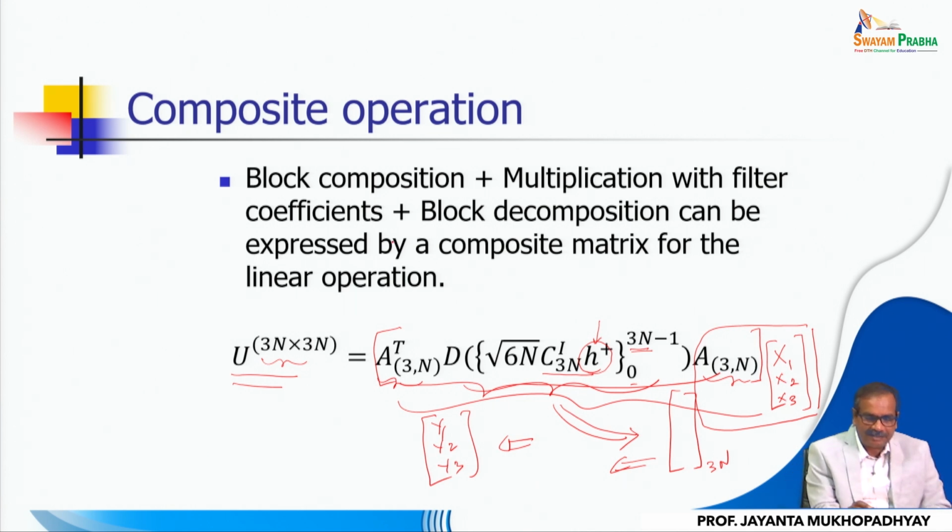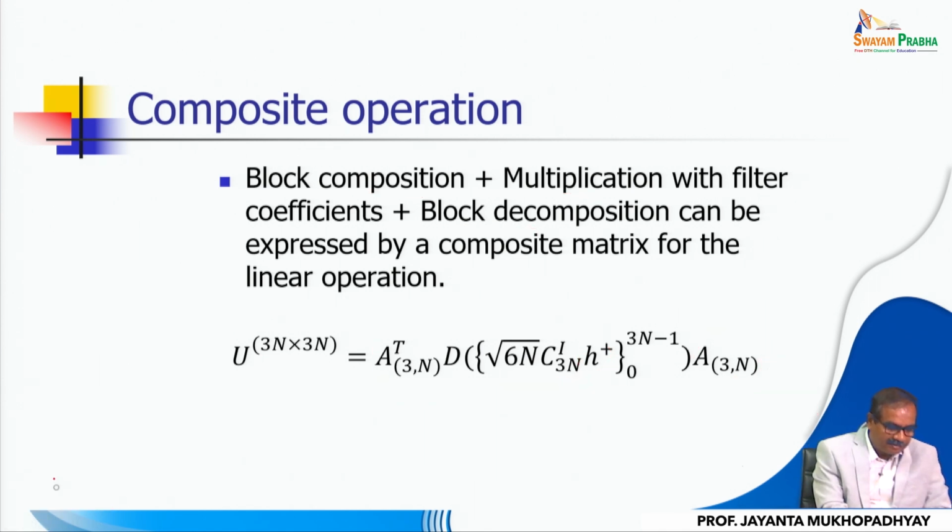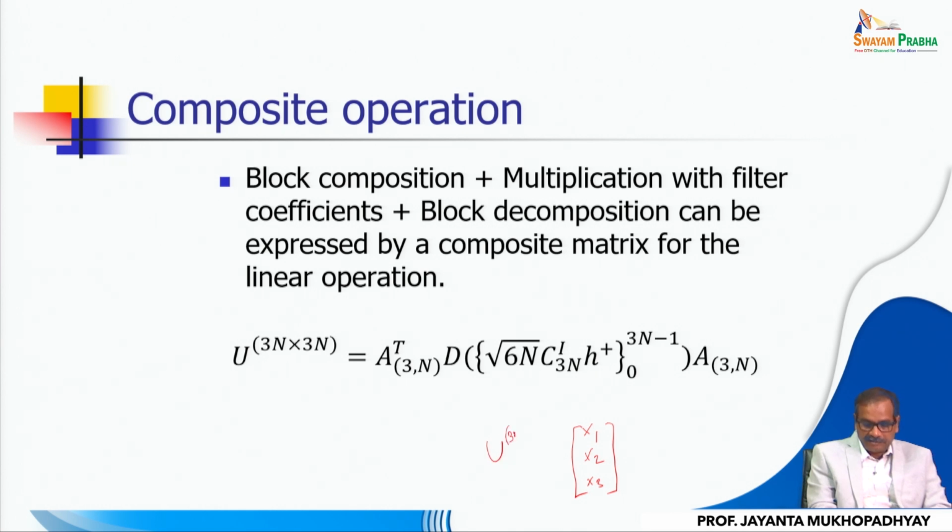So, I have just mentioned that we do block composition, then multiplication, then block decomposition. This operation I can extend to 2 dimensions for the separable consideration, as you must have guessed. Now, I can write it this way: I have the blocks x1, x2, x3, and I have the filter transformation matrix U of size 3n cross 3n.